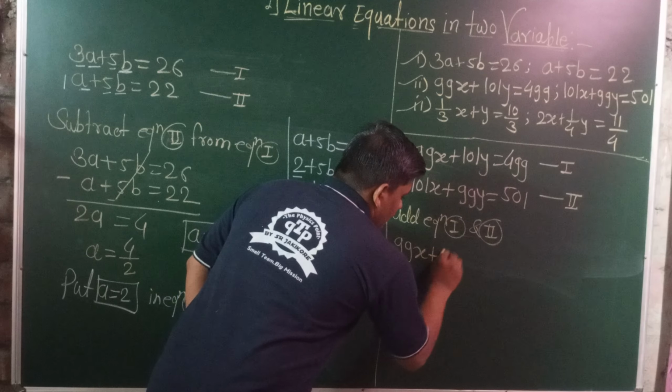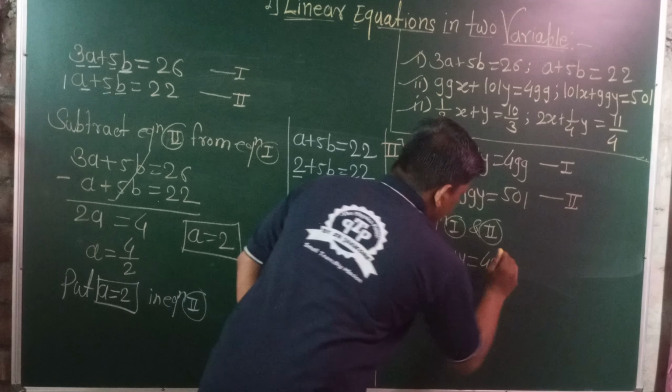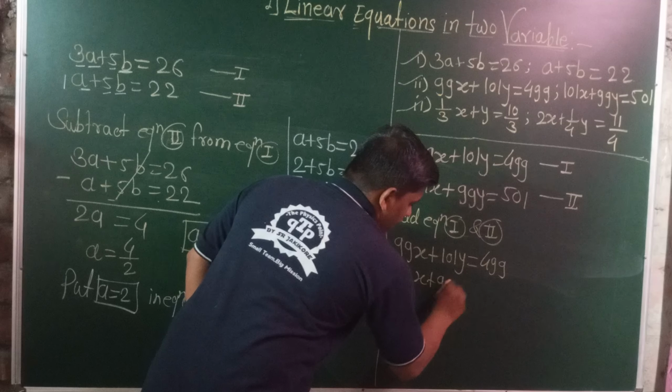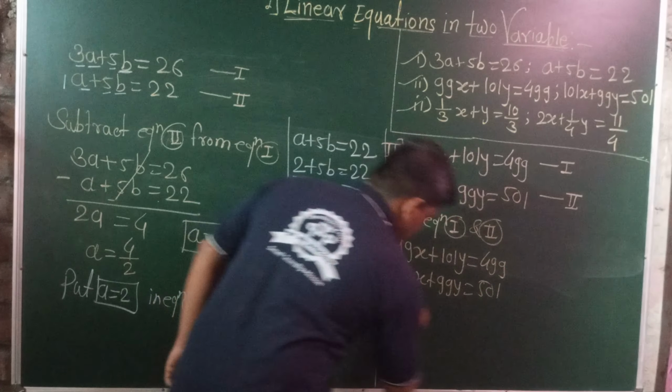99x plus 101y equal to 499. Then 101x plus 99y equal to 501.